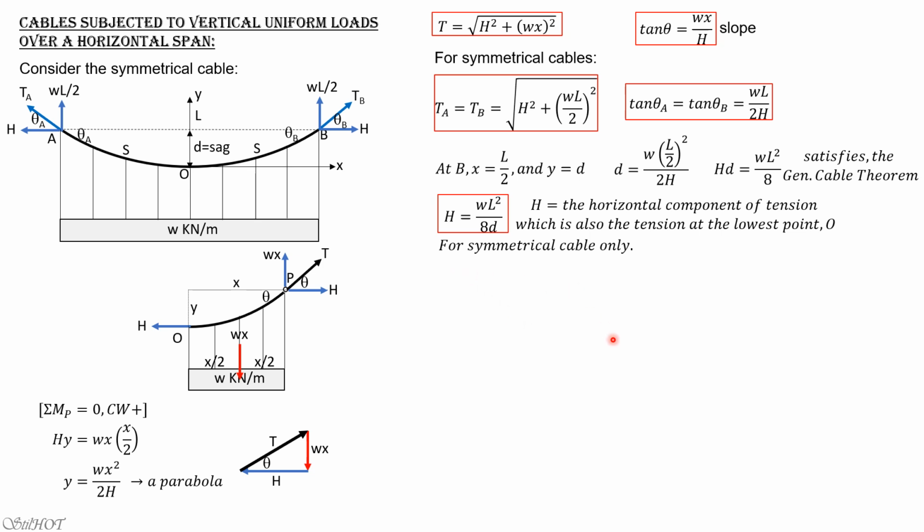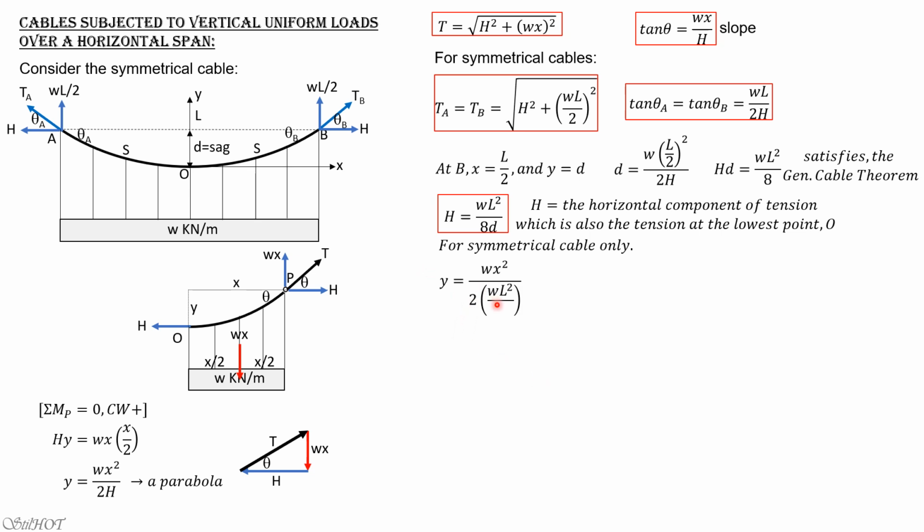So this is for symmetrical cable only, and you will learn from the examples that these equations can also be applied to unsymmetrical cables. But actually, all parabolic cables are symmetrical with respect to their axis. So even if the supports are not at the same level, you can always draw a horizontal line to isolate a symmetrical portion of the cable.